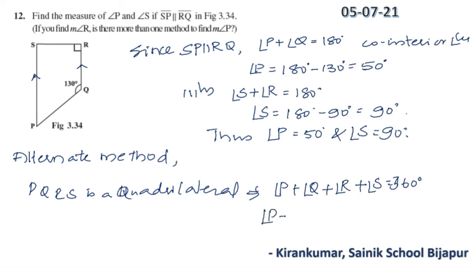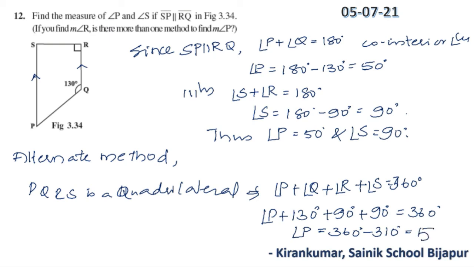So angle P plus angle Q is 130 degrees, angle R is 90 degrees, angle S is 90 degrees, which is equal to 360. So angle P will be equal to 360 degrees minus the sum. The sum of these angles is 310 degrees. So angle P, we get it as 50 degrees.